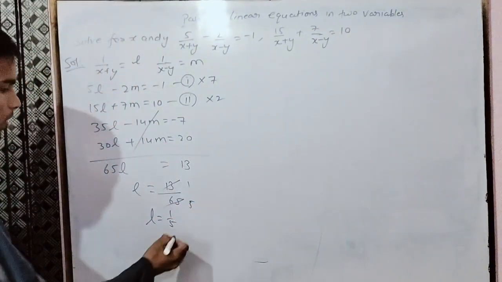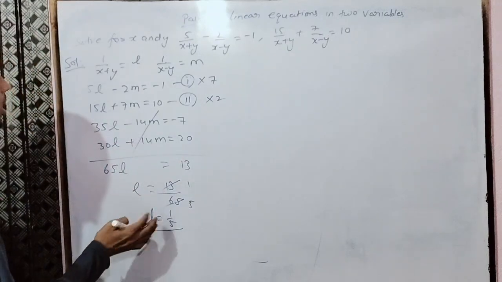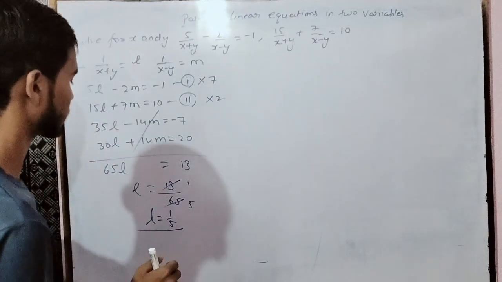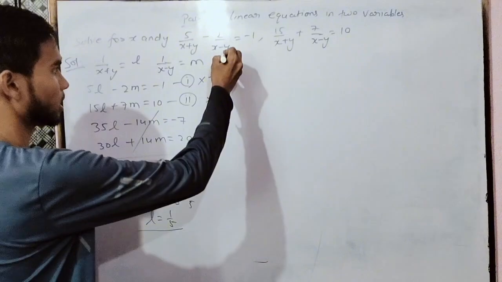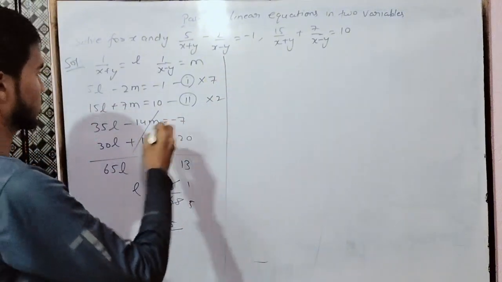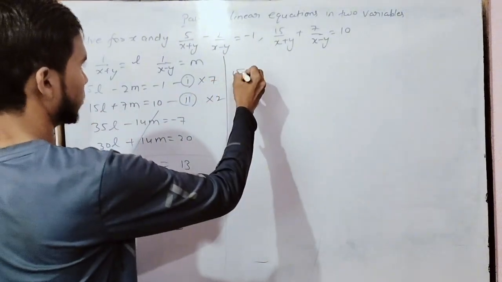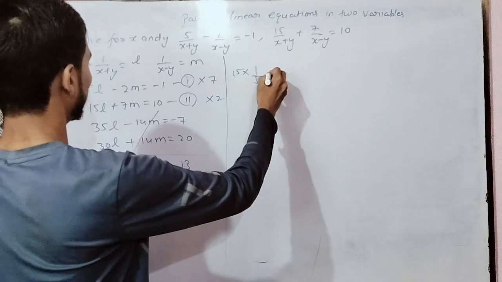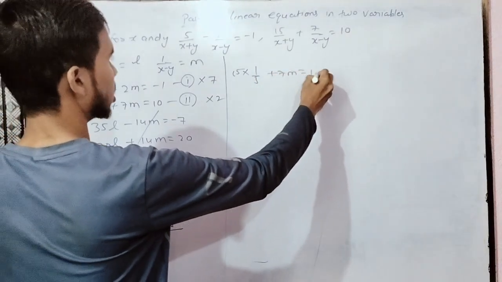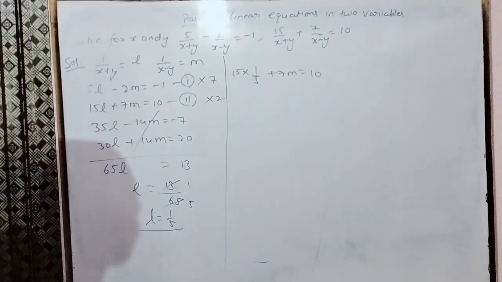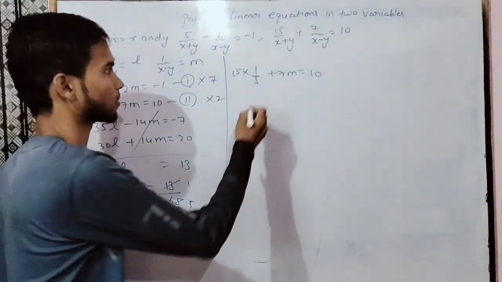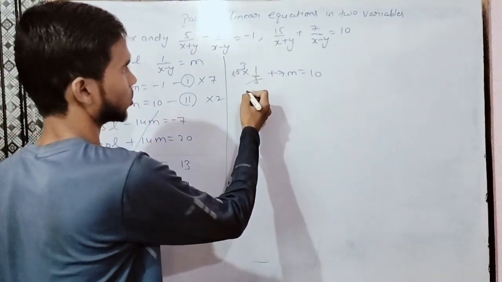We will substitute this value in the second equation. So we have 15 multiplied by 1 upon 5 plus 7m. Now from this equation we will get the value of m. So 5 3s are 3.